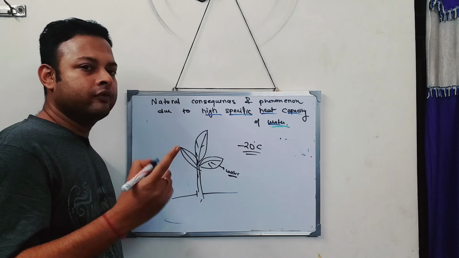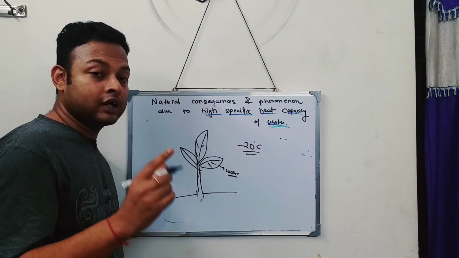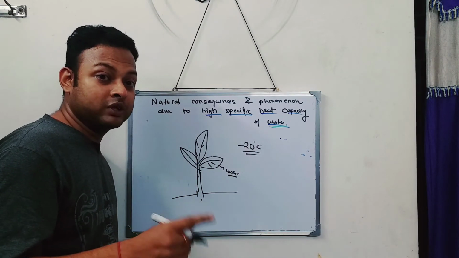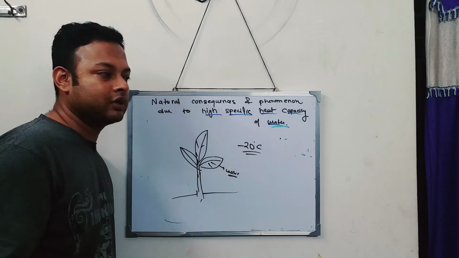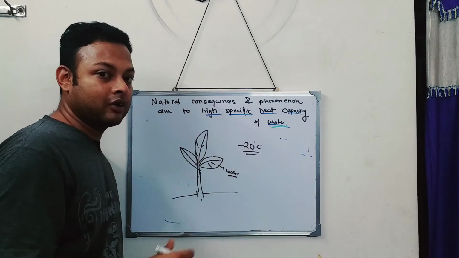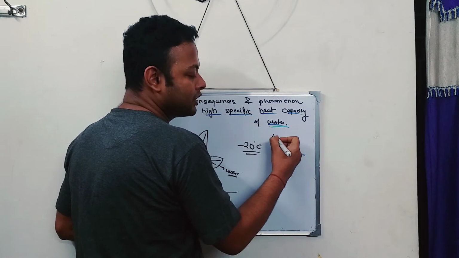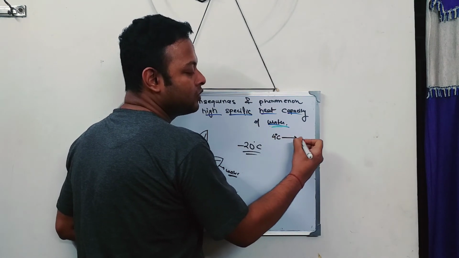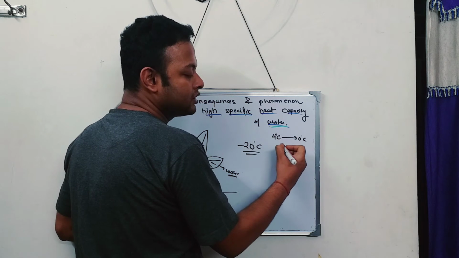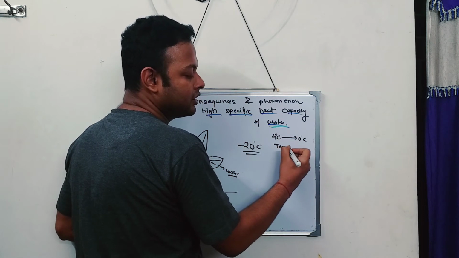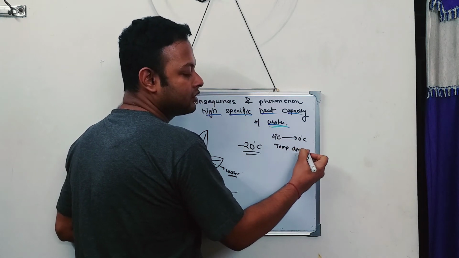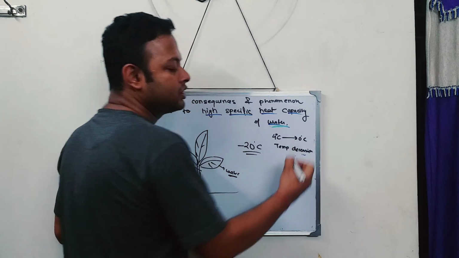Now, if you remember in class 9, I told you there are some concepts of class 9 which are required in class 10. Now here comes that part of class 9. When water goes from a temperature of 4 degrees centigrade to 0 degrees centigrade, the temperature is decreasing from 4 to 0.